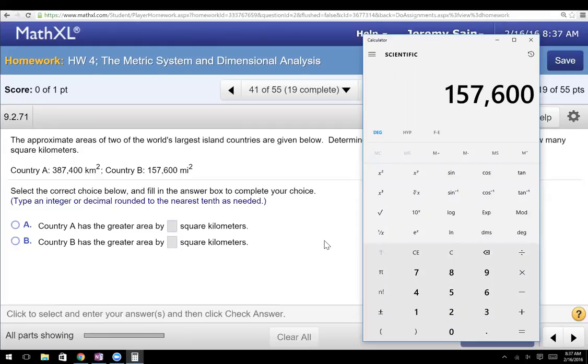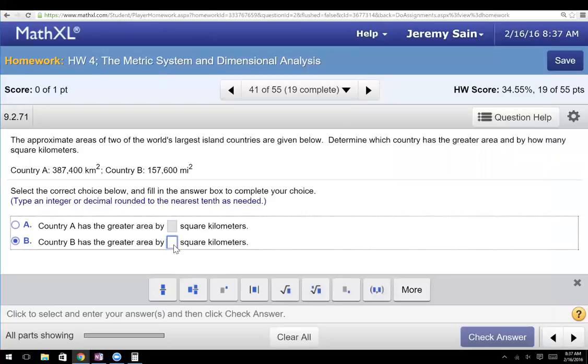Yeah, multiply. So B is 409,000 square kilometers. 37,400. So B is bigger by 22,360.